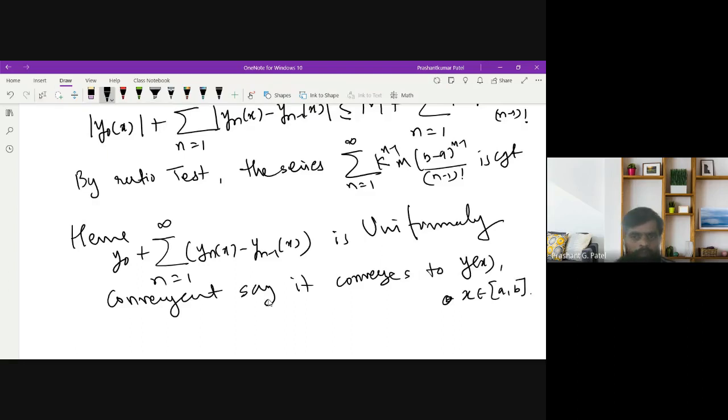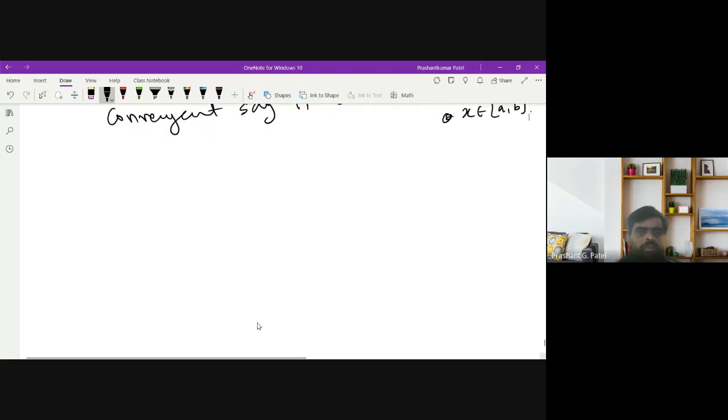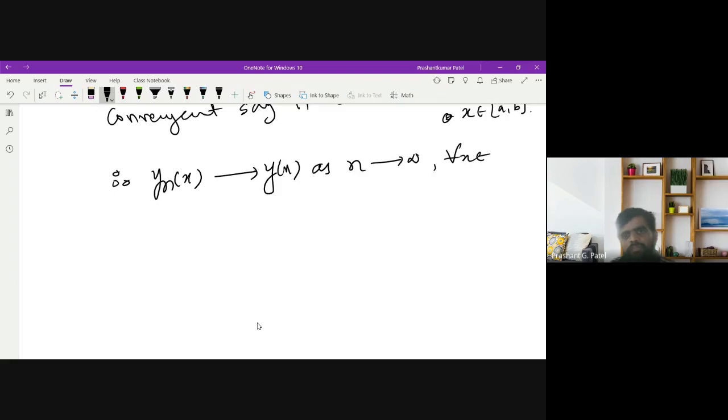Now, because this series has partial sum yn(x), therefore yn(x) converges to y(x) as n tends to infinity for every x belonging to AB. This convergence is uniform. Now, we have proved here that the initial value problem has a solution.